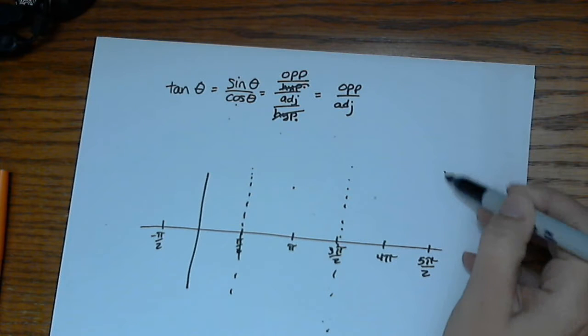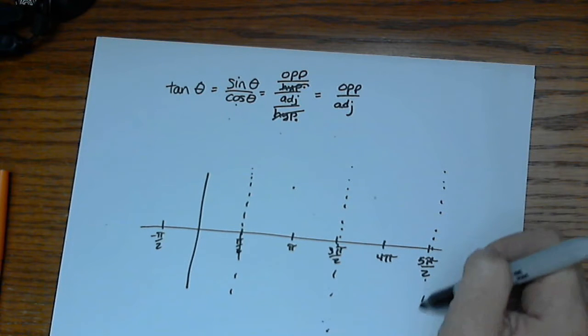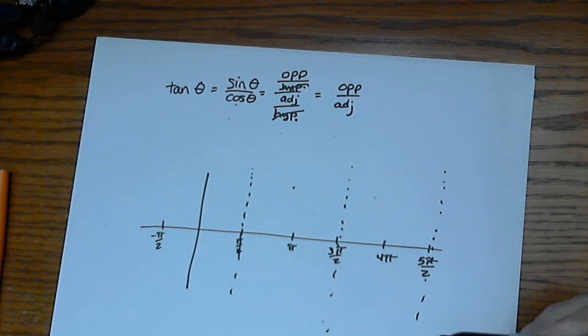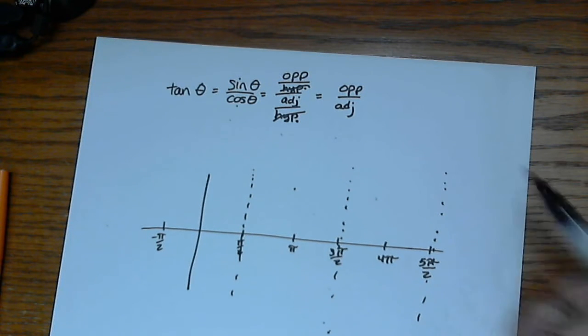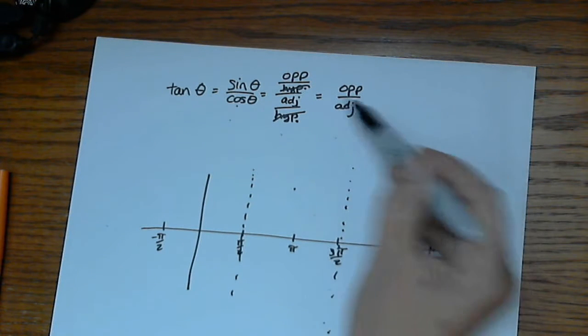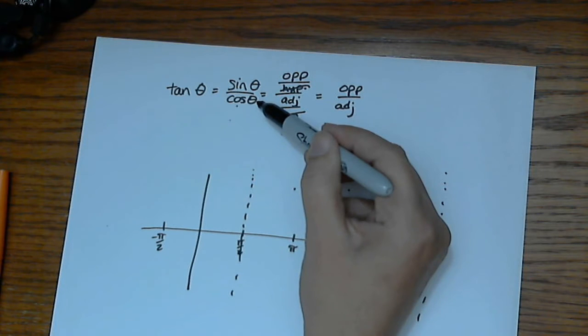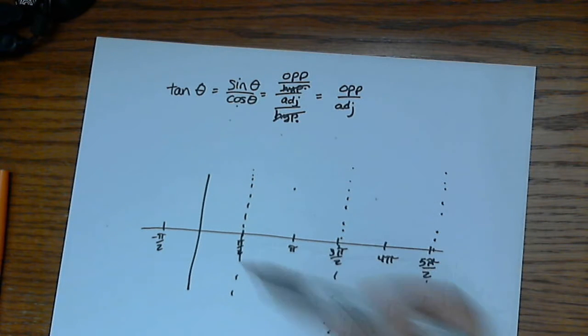In your algebra class, I know you have talked about asymptotes before. Asymptotes always show up when you're dividing by 0. That's one place they show up. So if we're dividing by 0, that must mean that the bottom number, cosine of theta, is 0 at pi over 2. Is that true?